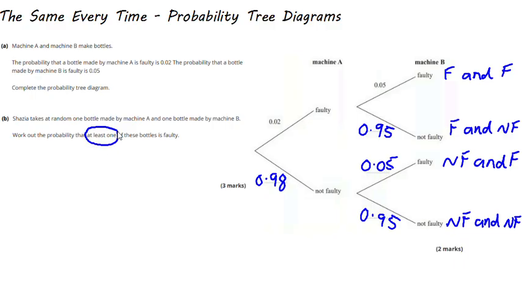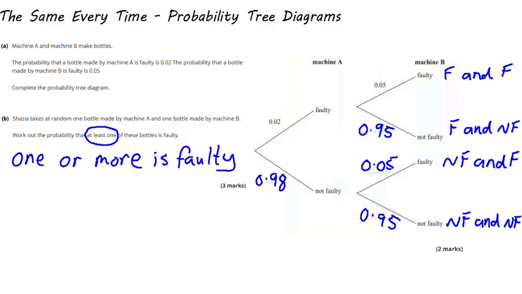So at least one means 1 bottle or more than 1 bottle. So 1 or more is faulty. So one of them is faulty, or more than one of them is faulty.